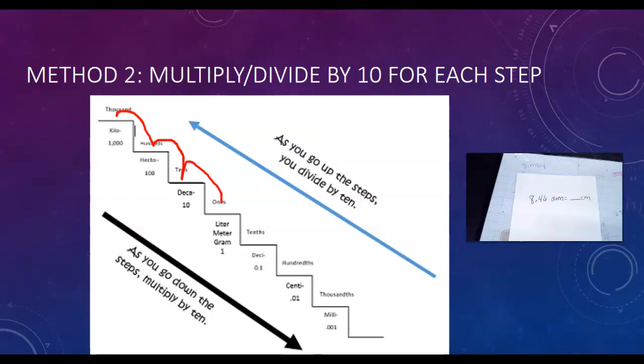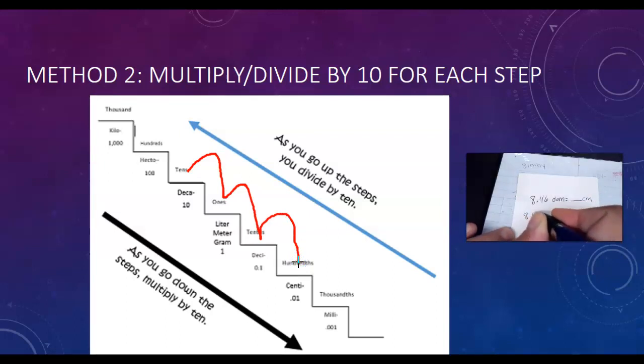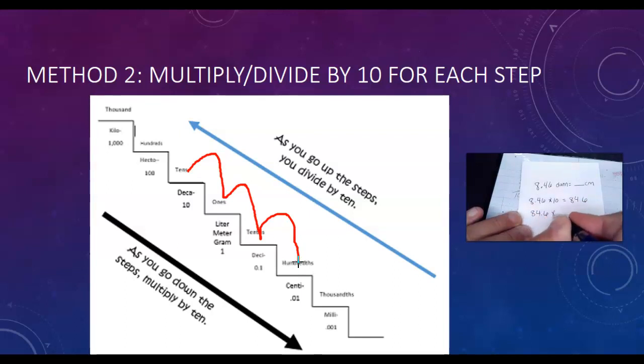Okay, so I'm going down the ladder, so I'm going to multiply this number by 10 for every step. If I'm starting with deca, I'm going 1, 2, 3 steps. So I would take 8.46, and I'm multiplying this time because I'm going down, by 10. That would give me 84.6. Then I would take 84.6 times 10.